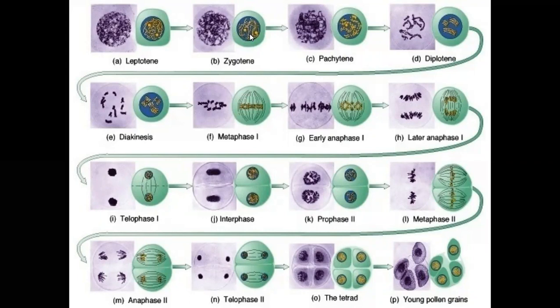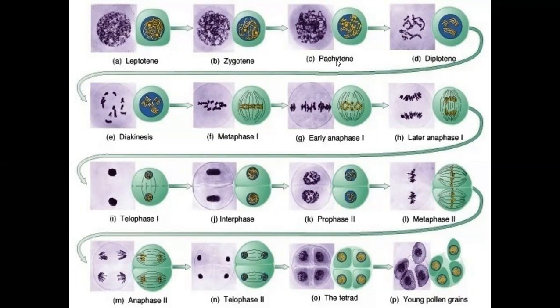At the end of the zygotene, chromosomes enter the pachytene stage. In the zygotene phase, the nucleolus is also clearly visible. The pachytene phase is the important phase of meiosis 1.